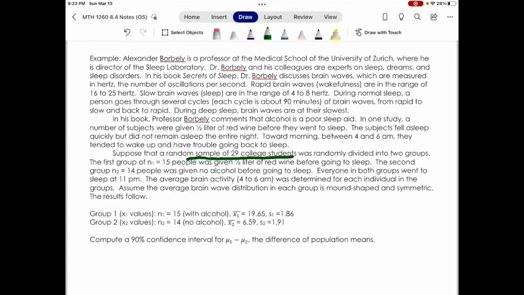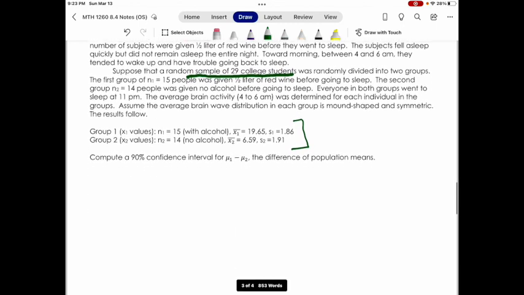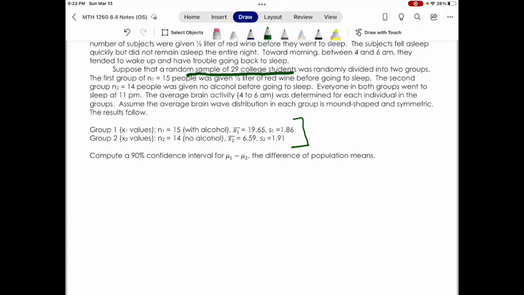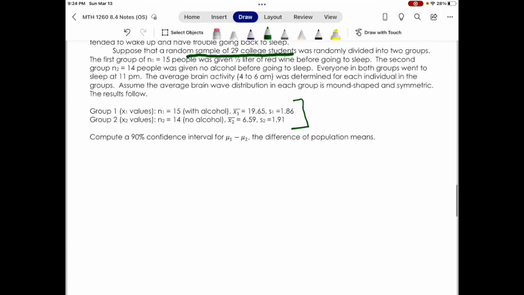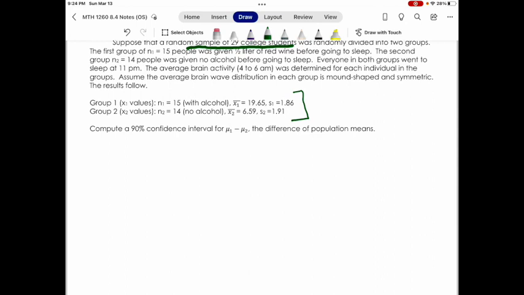And he gave one group wine before going to sleep, and the other group he didn't give any wine. And then he measured the brain activity. Group 1 was the group with alcohol, and group 2 had no alcohol. As you can see, no information was given or known as far as the population standard deviation.